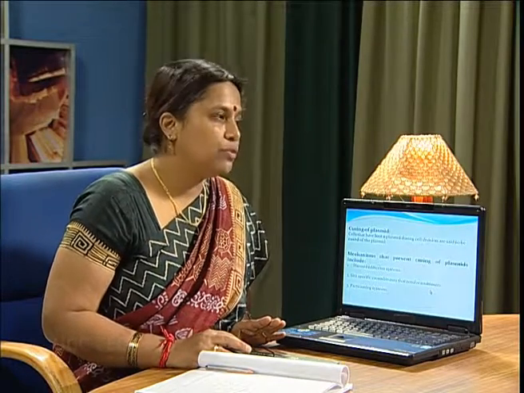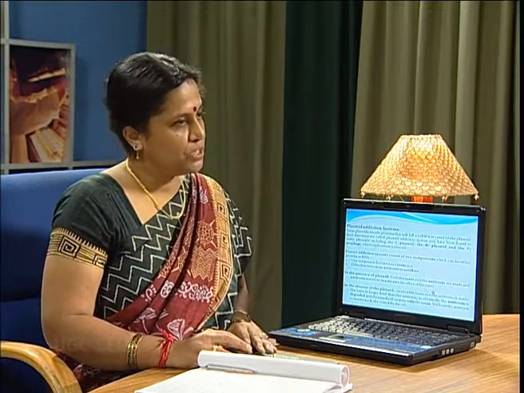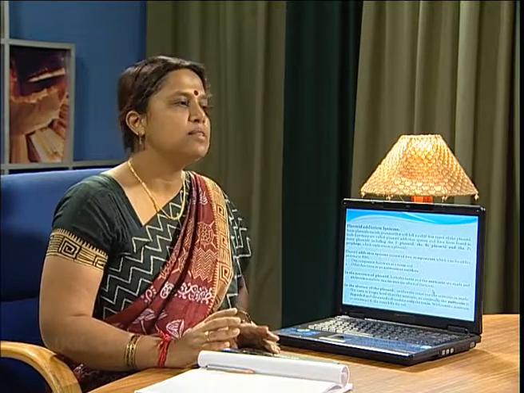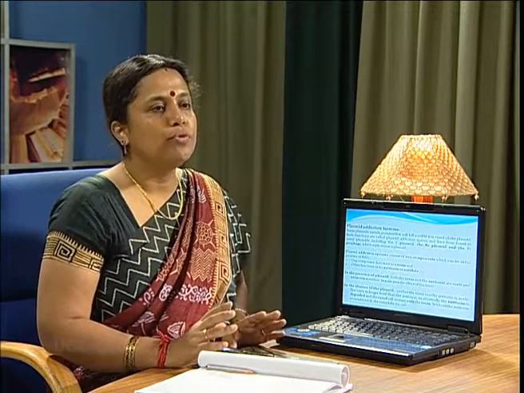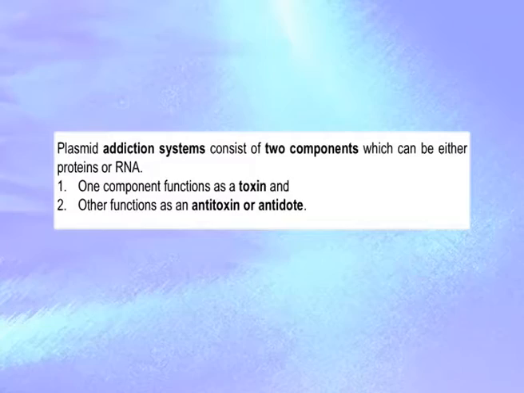So let's start with the plasmid addiction system. Generally we have seen that there are certain plasmids that code for two different proteins, or the plasmid addiction system comprises two component proteins. One protein is called the toxin and the other protein is called the antitoxin or antidote.